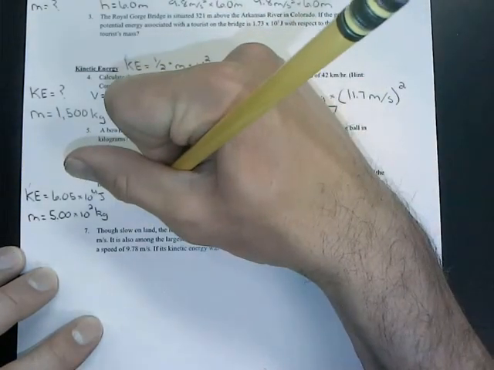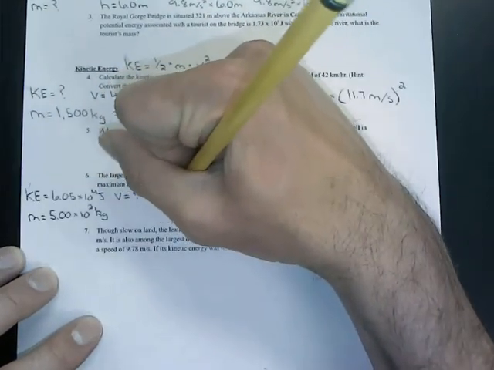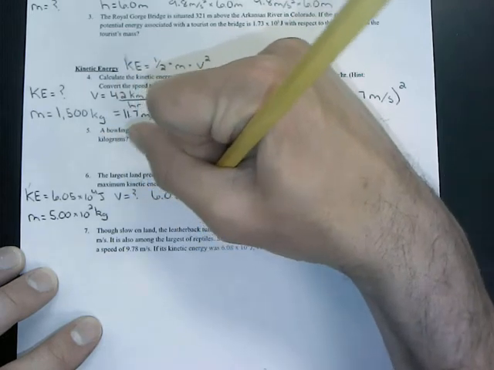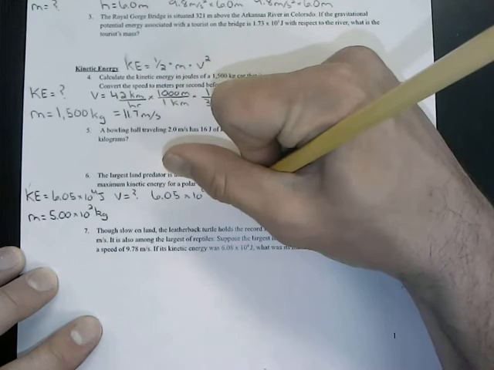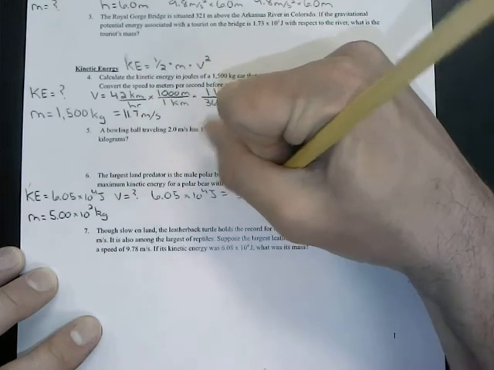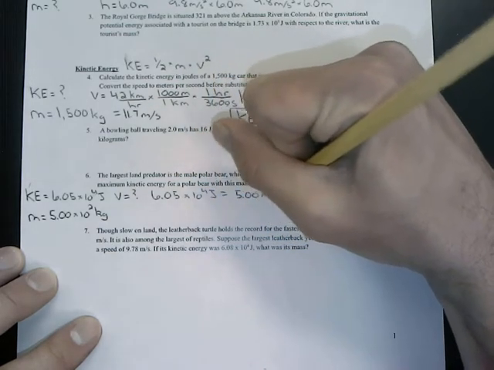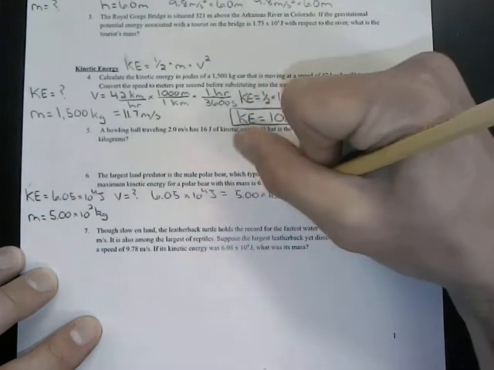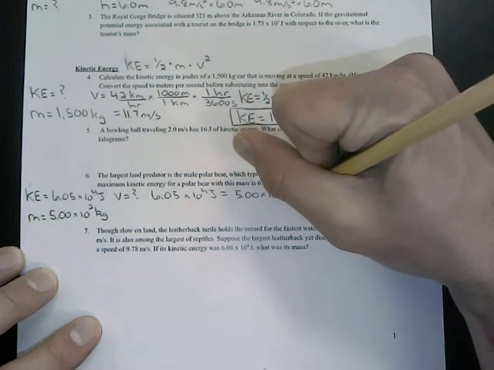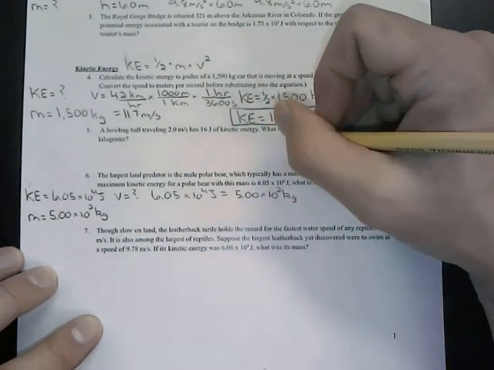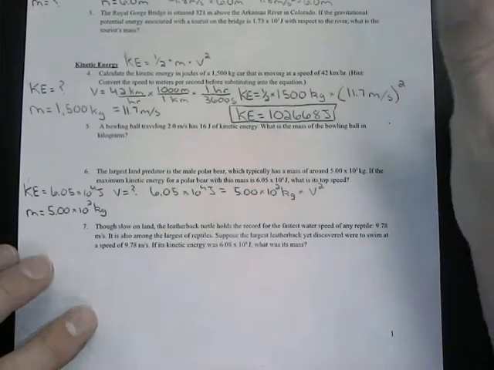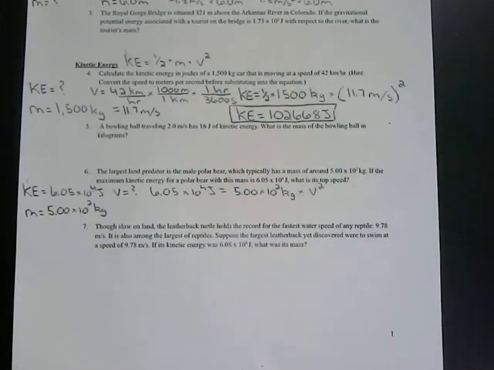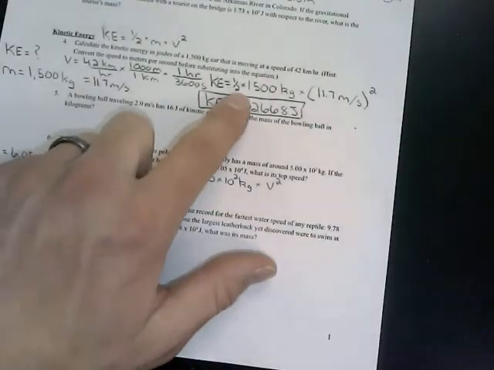So we have 6.05 times 10 to the fourth joules equal 5.00 times 10 to the second kilograms, and this is really important, times our velocity squared. Whoop, and I did it again. I need to put that half.